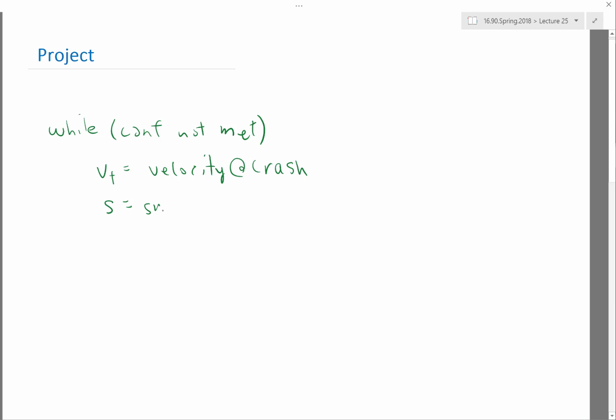Or this is the way I did it at least. You just do while confidence not met. You compute the final velocity, and then you compute the survivability.